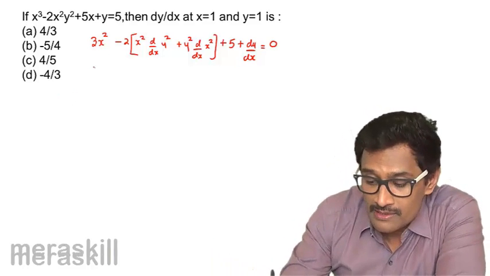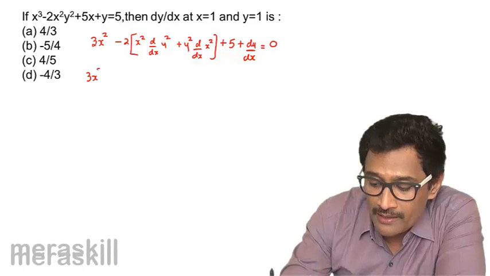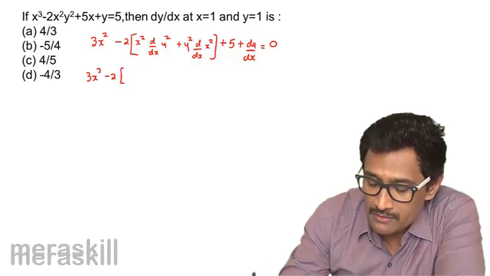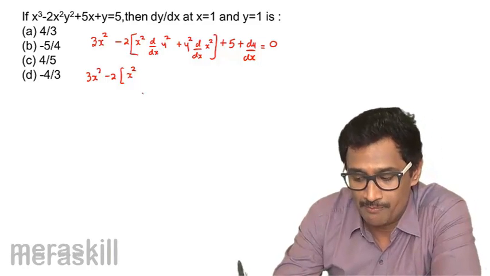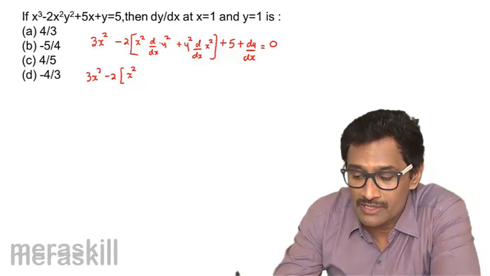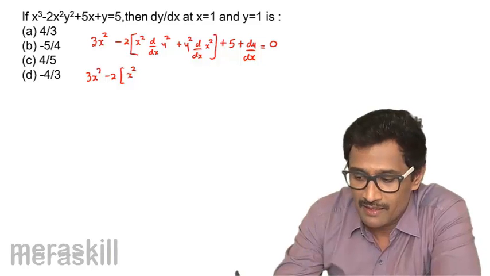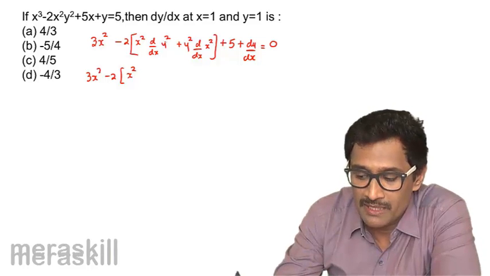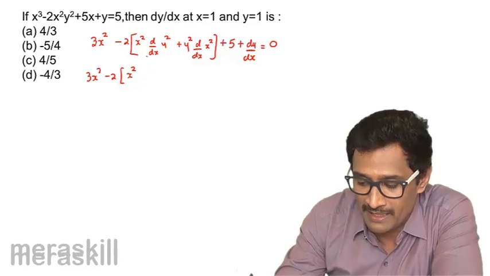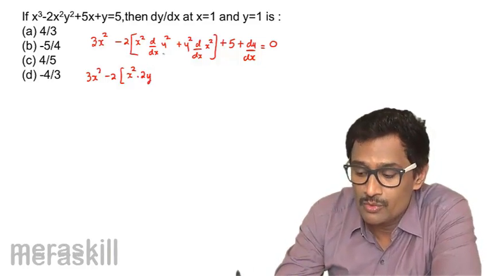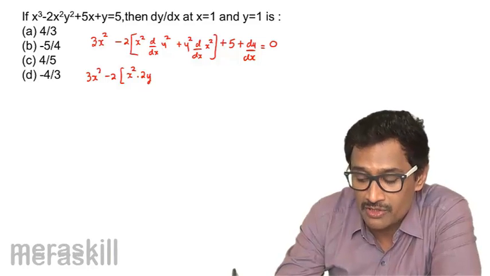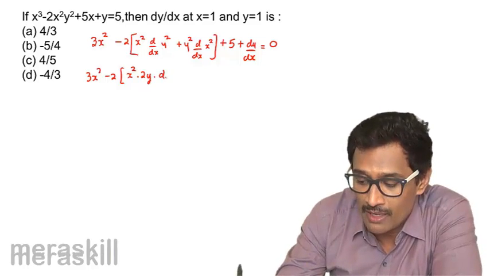So let's see what we have. We have 3x square minus 2 into x square into d by dx of y square. Now first we use the same rule as for x. Y raised to 2, it means ny raised to n minus 1. So 2y raised to 1 into, again, since there is a function within this, we write it as dy by dx.